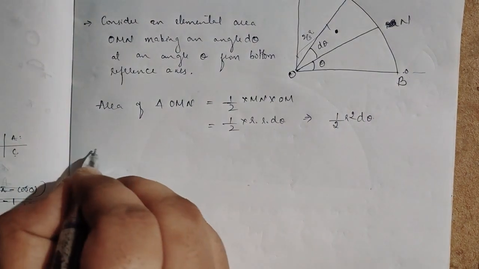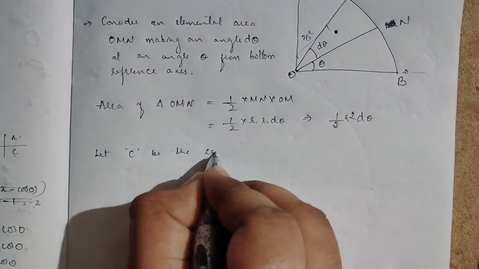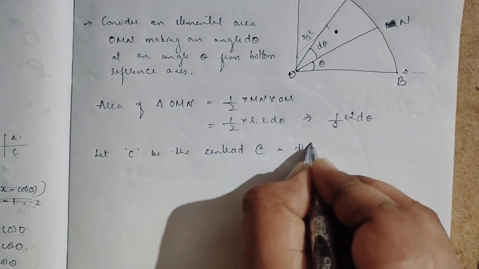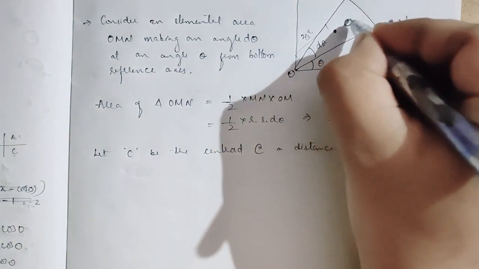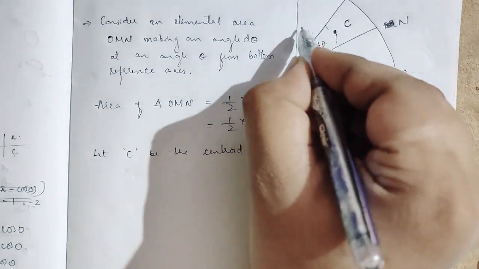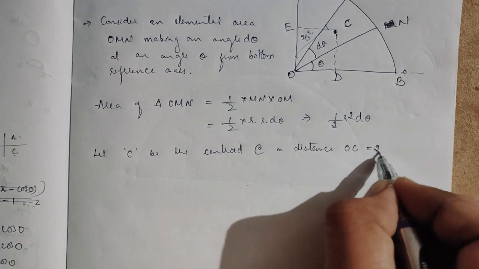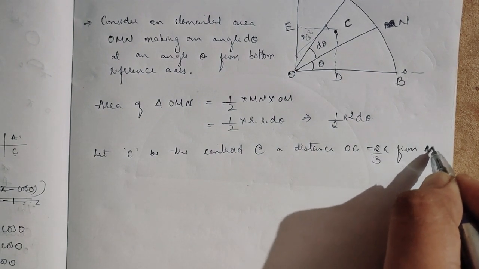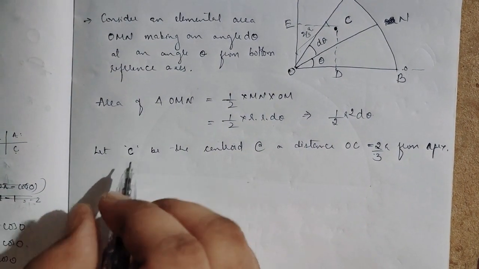After that, let C be the centroid at a distance OC, that is equal to 2 by 3 r from the apex, same as what we did in the semicircle.